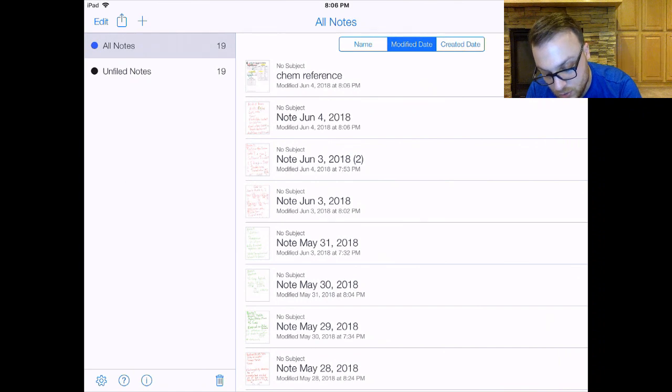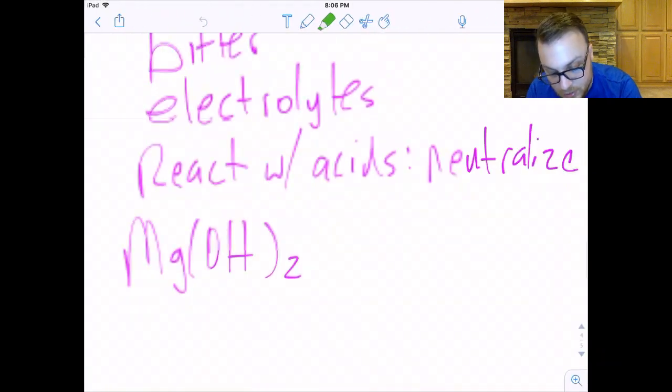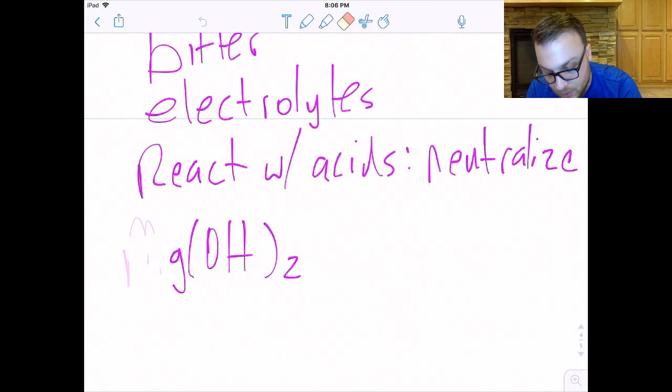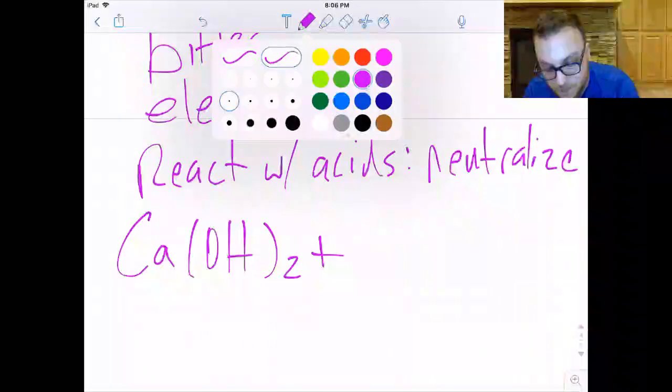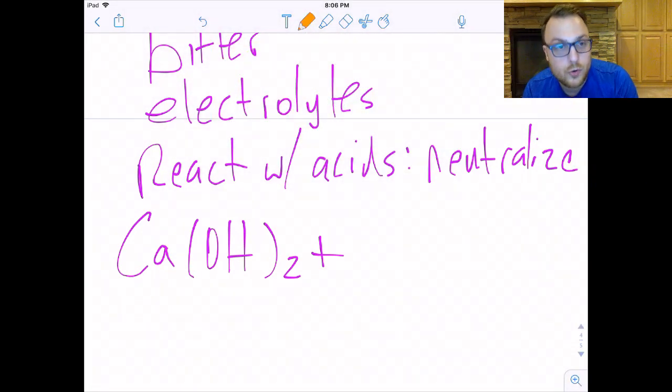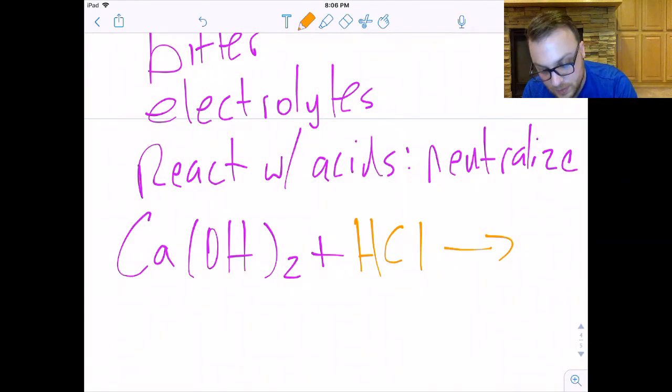Actually, I'm going to do CaOH2, because that's from Table L. CaOH2 with, change color here, let's do HCl. Now, when you neutralize these, I ran out of room, so I'm just going to write it below.